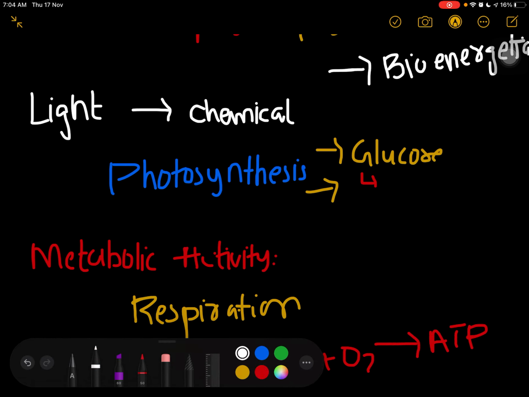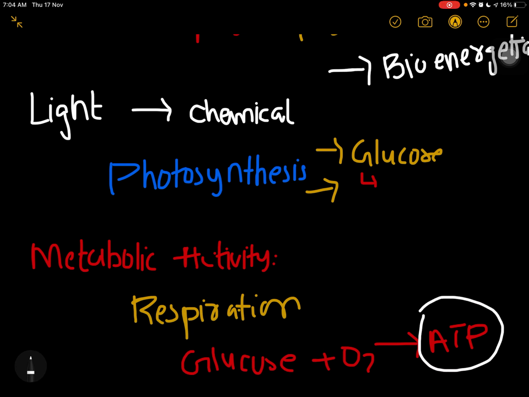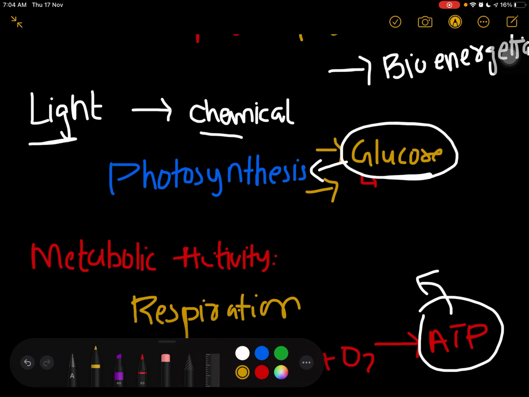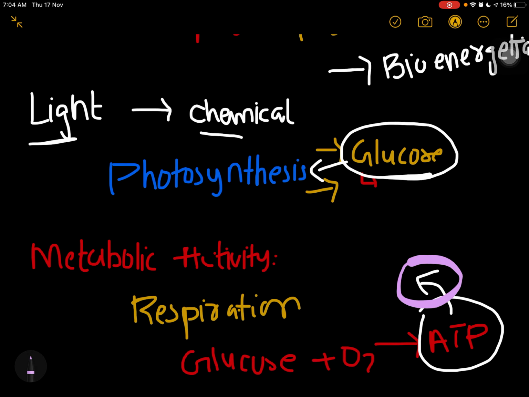So by this process, this ATP is forming. But from where did we get this glucose? We got this glucose by the process of photosynthesis. And what is photosynthesis? When light energy is converted into chemical energy, this process is known as photosynthesis. And as a result of photosynthesis, we got glucose, right? And then this glucose is broken down in the presence of oxygen, and then we got the ATP. So basically, we are getting this ATP from here.